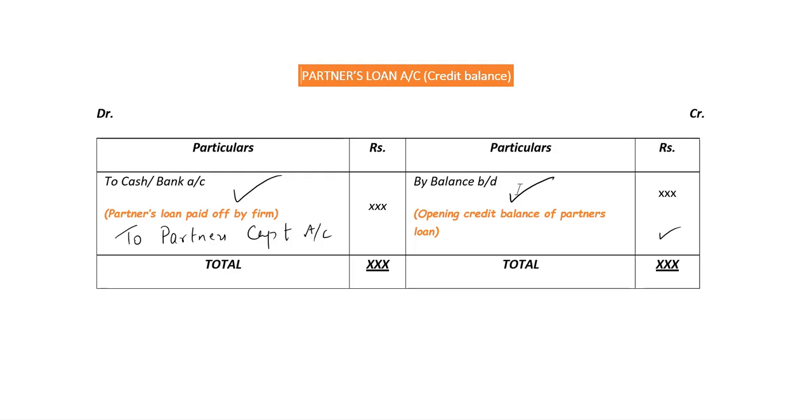So assuming that there is no debit balance in the partner's capital account, the firm will pay off the partner's loan, and we will have to pass the entry as to bank account in the debit side. So this is a format of partner's loan account.